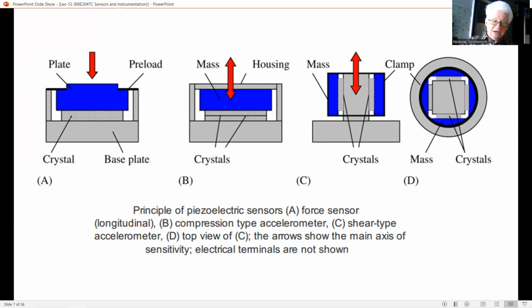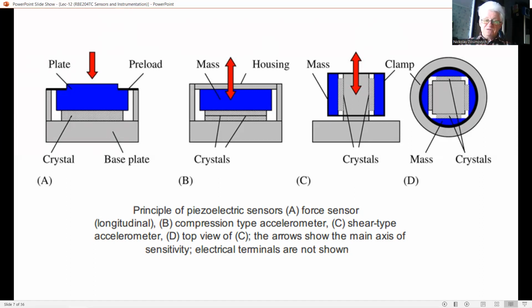An accelerometer consists basically of one or more piezoelectric crystals and a proof mass, sometimes called a seismic mass. Here also the mass is fixed by a preload onto a crystal. Figure B shows a compression mode accelerometer. This example comprises two crystals mounted back to back between the seismic mass and the base plate.